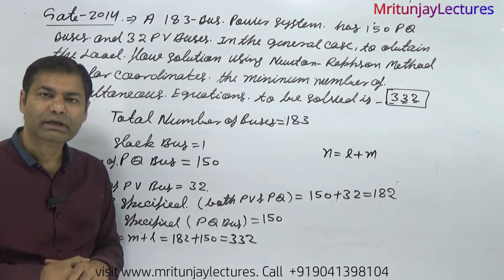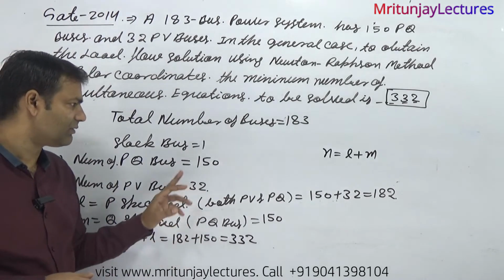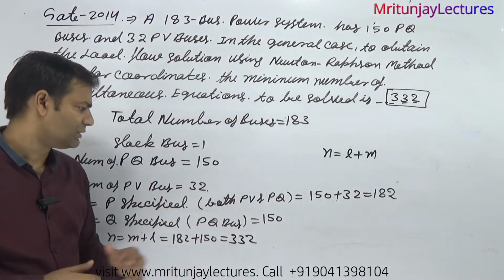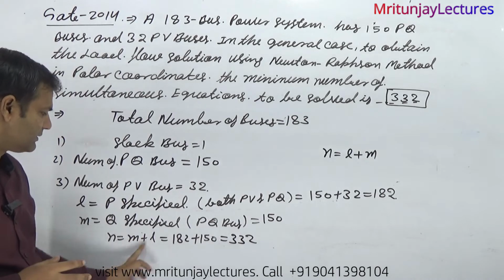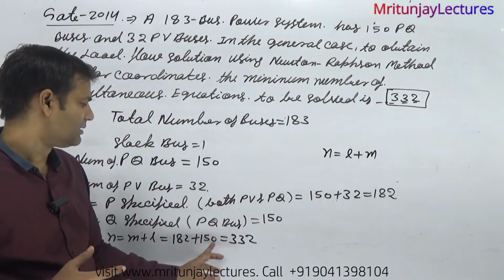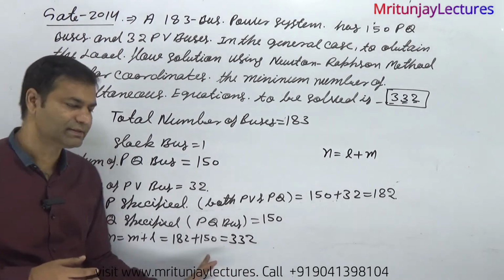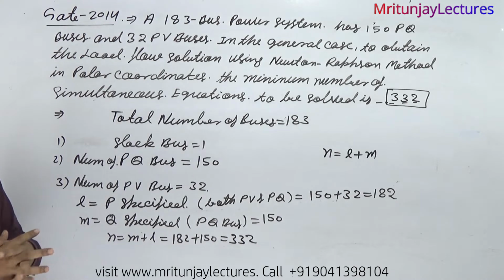What about M? M is the number of Q specified, and Q is available only in PQ buses, that is 150. Adding both, we get 332. So n is 332, and the final answer is 332.